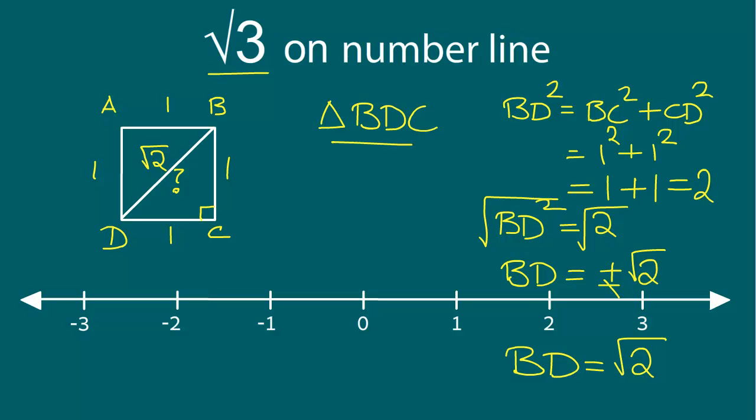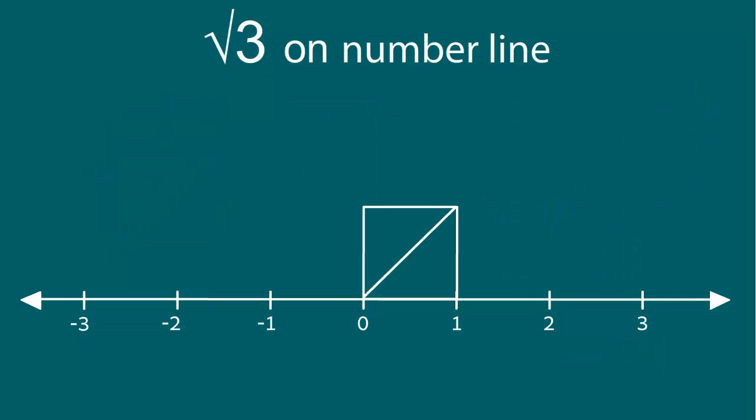So let's clean this up a little bit, and let's move our unit square on to the number 0. So left hand side of our unit square, we have merged it to the number 0 on the number line. So now what we have just seen is that this line highlighted in yellow, which is the diagonal, the measure of this is how much?